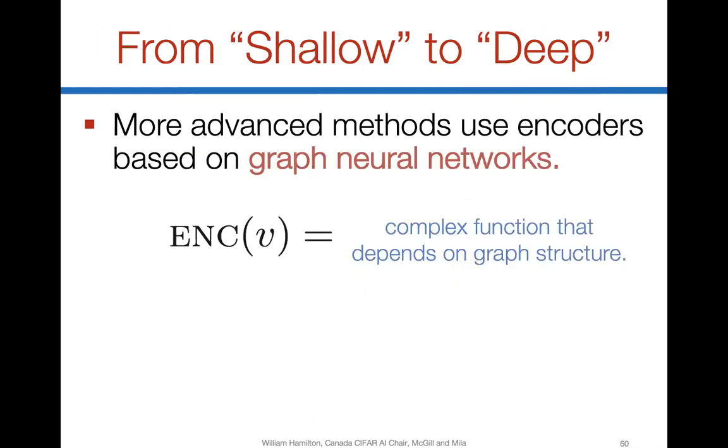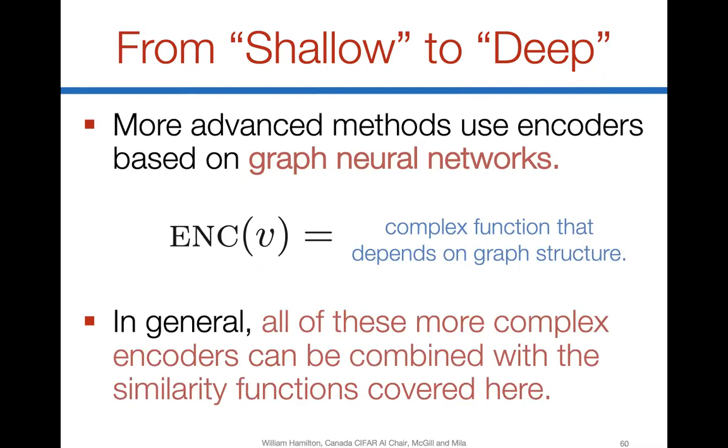So there are techniques that go beyond this, in particular techniques that are called graph neural networks. The idea here is that instead of just using this embedding lookup idea, the shallow encoding idea that I mentioned at the beginning of this talk, in these graph neural network approaches, our encoding function is a complex deep neural network that actually depends on the graph structure.